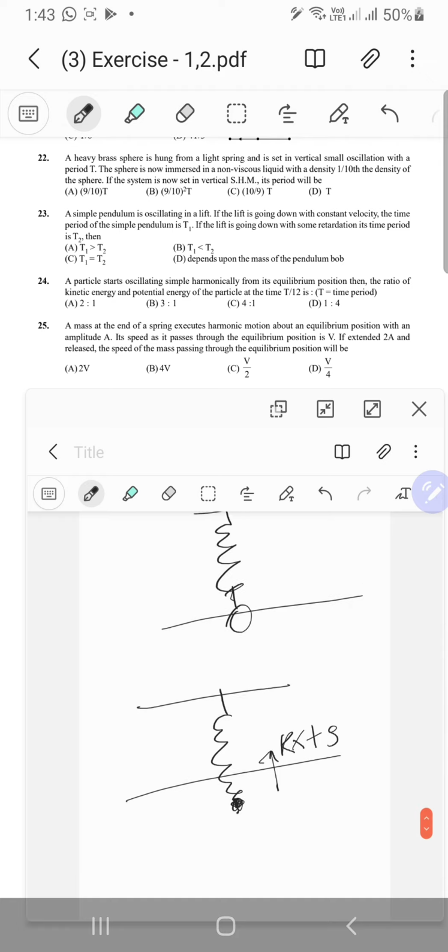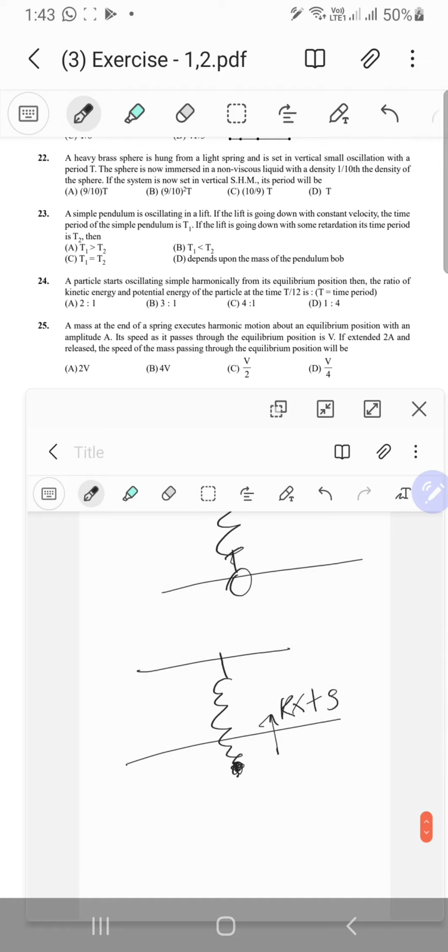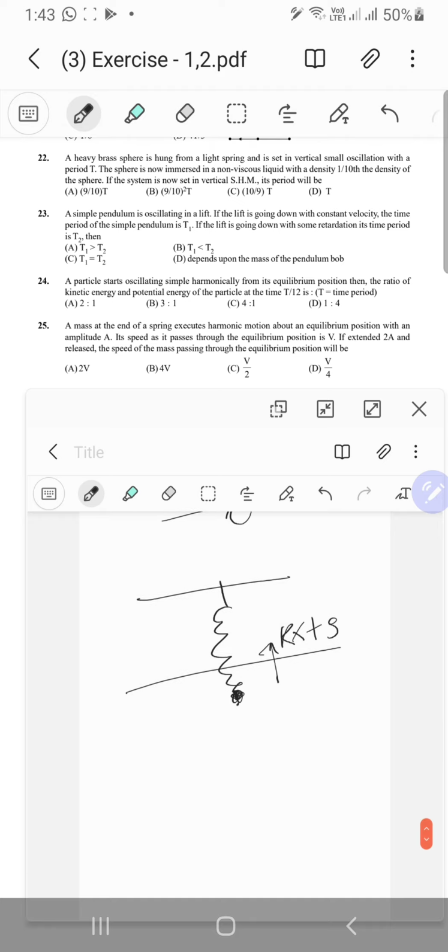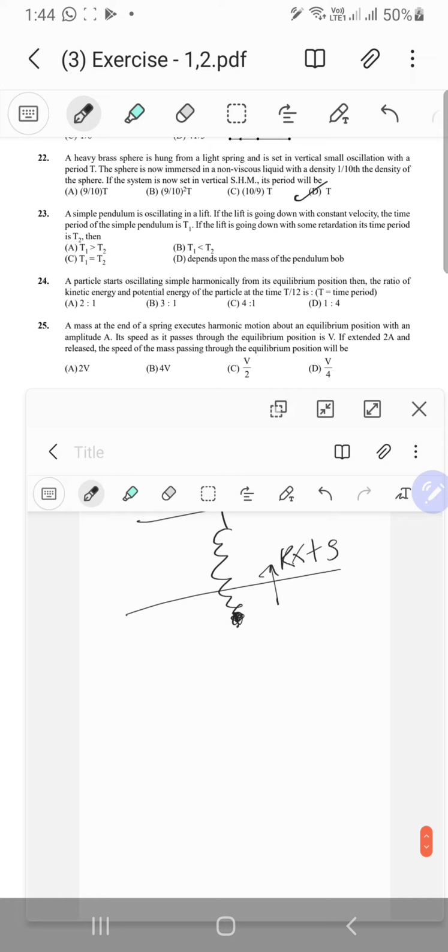So that means we still have F equals kx. Well, that's nice. So yeah, it still has the same time period. Now, that's weird, but true. Well, yes, that's correct. There's no force into the water, so it should be like that.